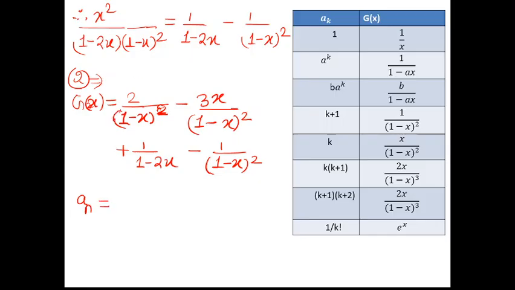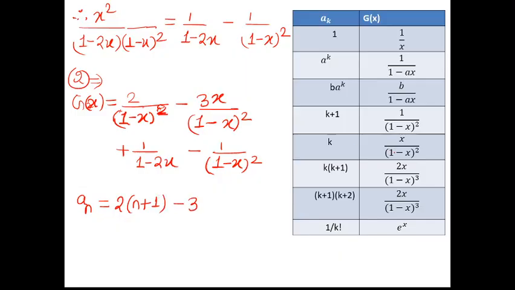Now what will be the general term of this? So look for 1 upon 1 minus x whole square. Here we have 2 being a constant, so 2 as it is, and the general term of 1 upon 1 minus x whole square is n plus 1. Then minus 3.